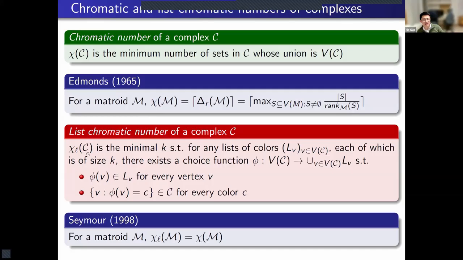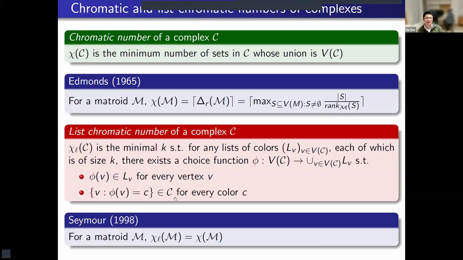The list chromatic number of a complex C is just the minimum k such that if you assign a list of colors, each list of size k, to each vertex, then you are able to choose a color from each list such that the vertices you color by the same color form an edge of the complex C.